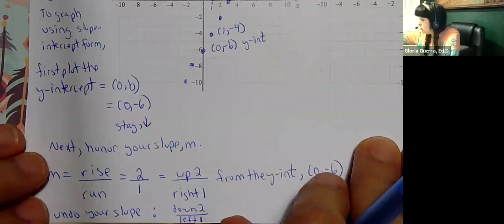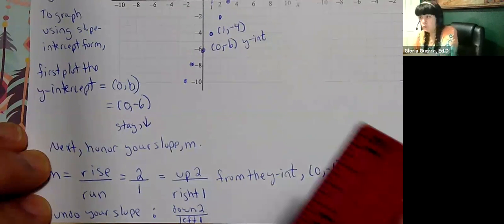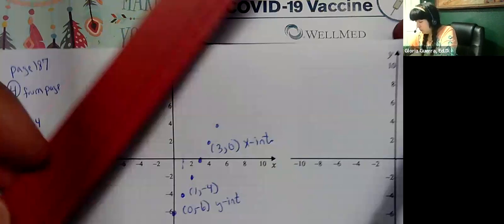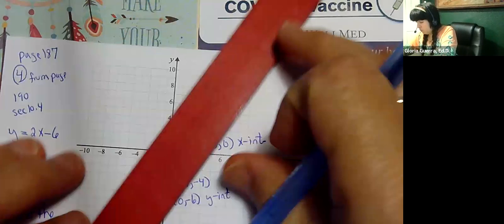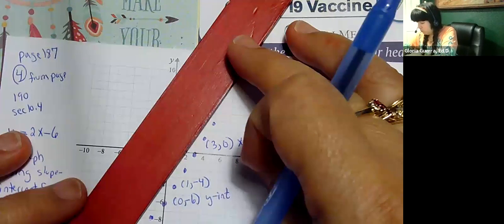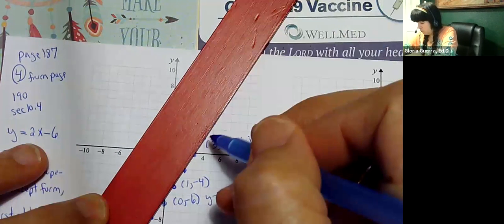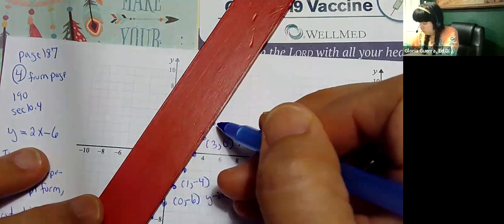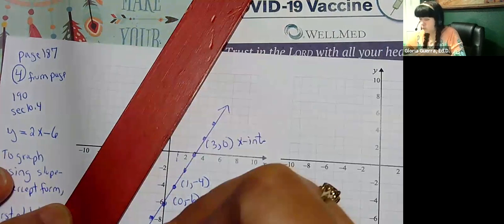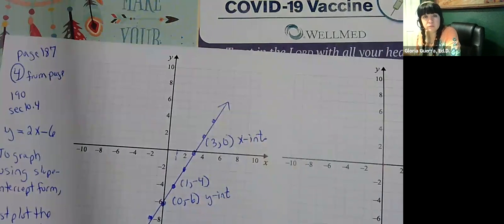So if I grab my ruler and connect those points, there's your line there.